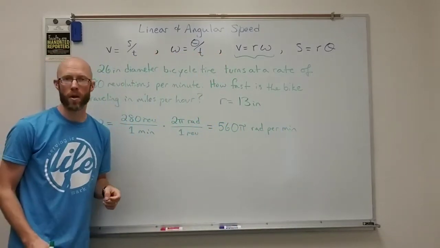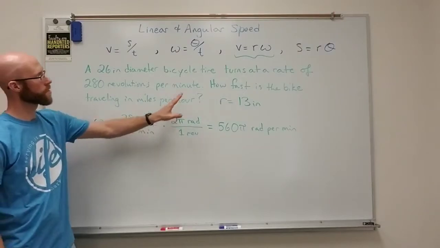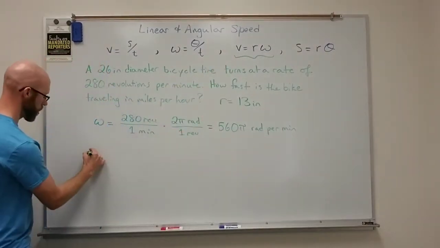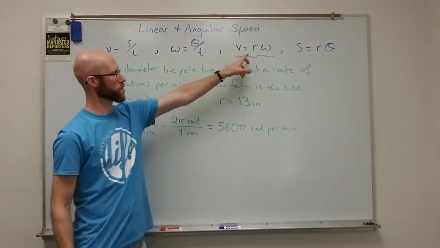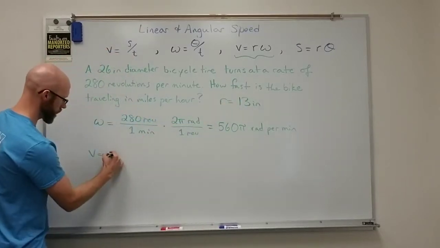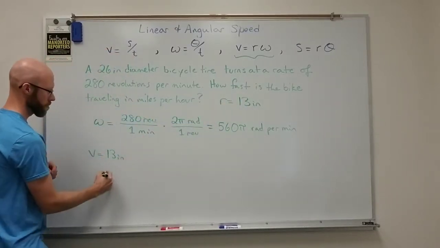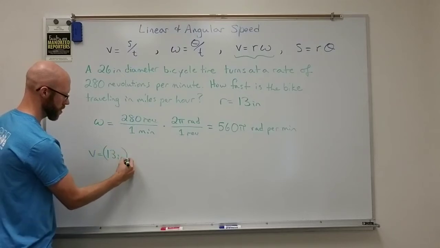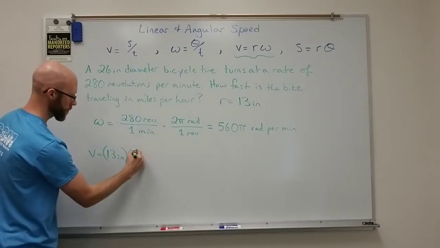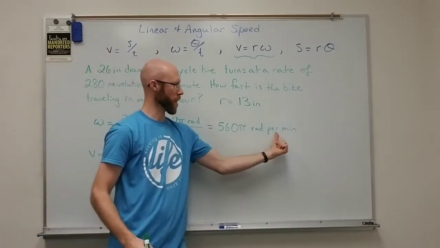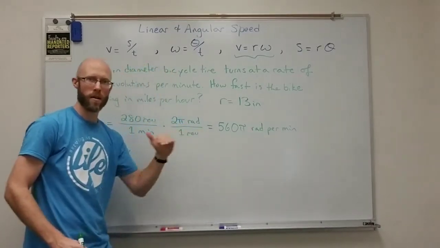Okay, so now when I put this all together into my formula, I know that v is r times omega, so it's 13 inches multiplied by, and now I'm going to write this as a fraction with the per as my fraction bar.